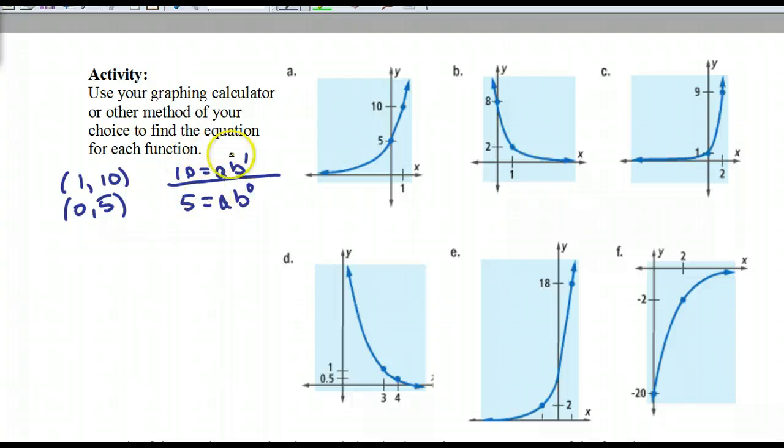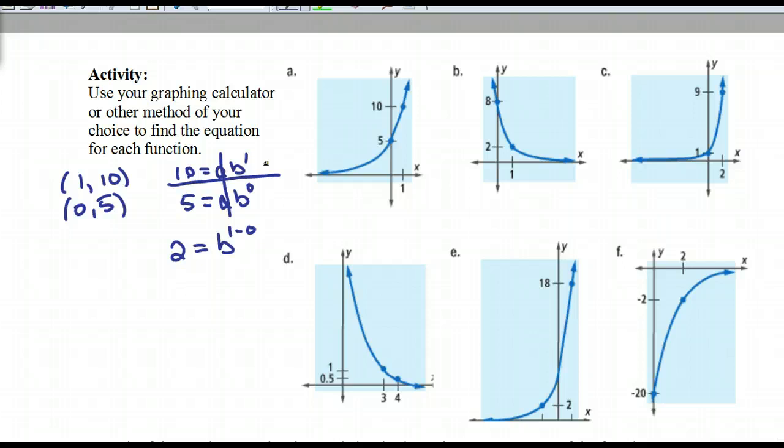But let's just do this, bear with me now and do it this way, okay? So I'm going to divide the top one by the bottom one. So what is 10 divided by 5? 2, okay? The a's cancel out. A divided by a is 1. Then I'm going to take b, and it'll be 1 minus 0, because you're subtracting the exponents.